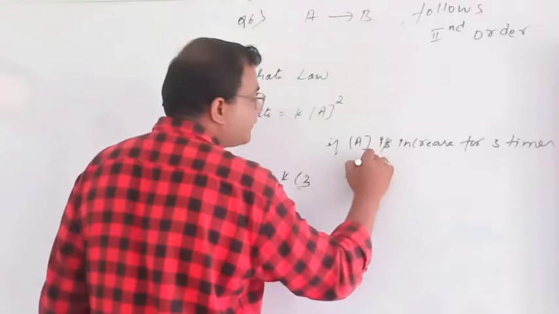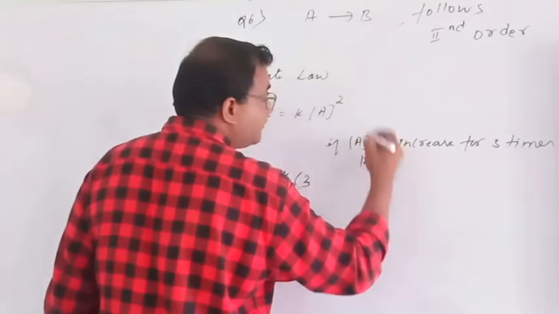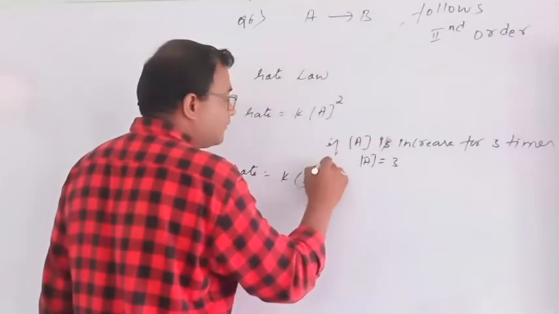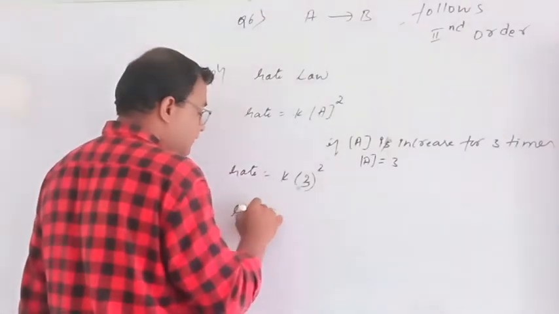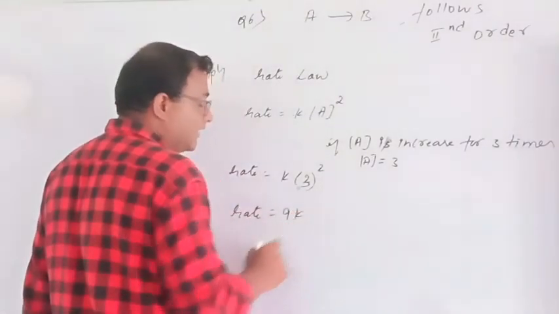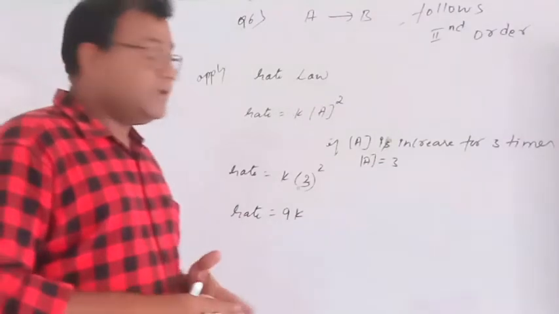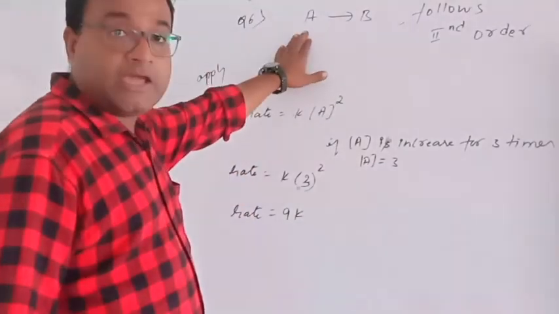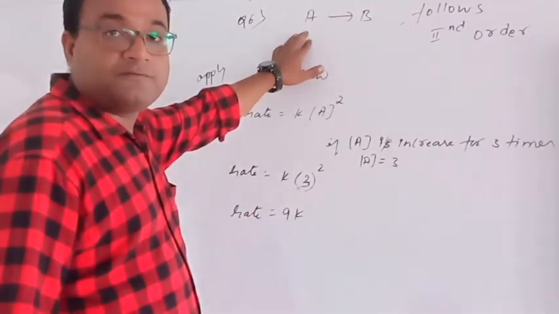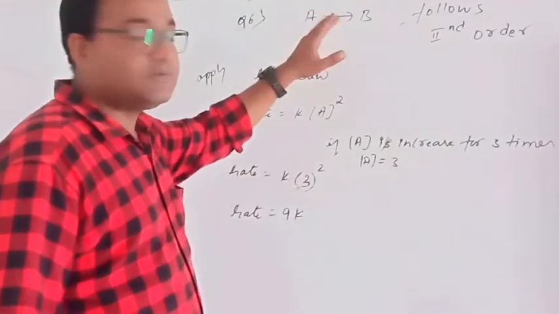So molar concentration of A is equal to 3 square, then rate is equal to 9. That means the rate is fastest, 9 times.